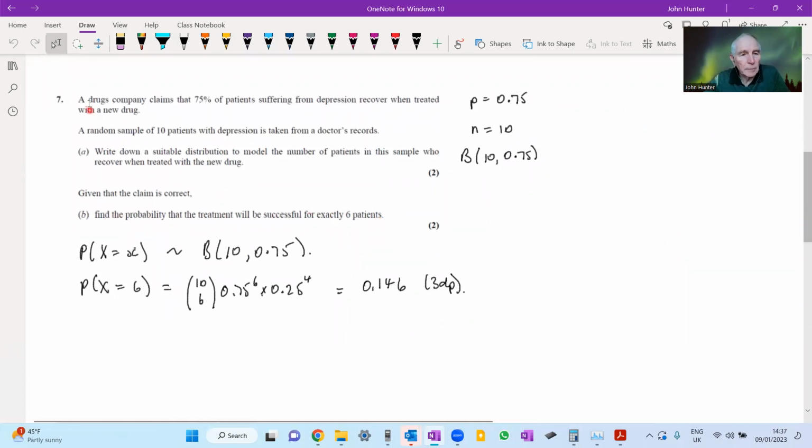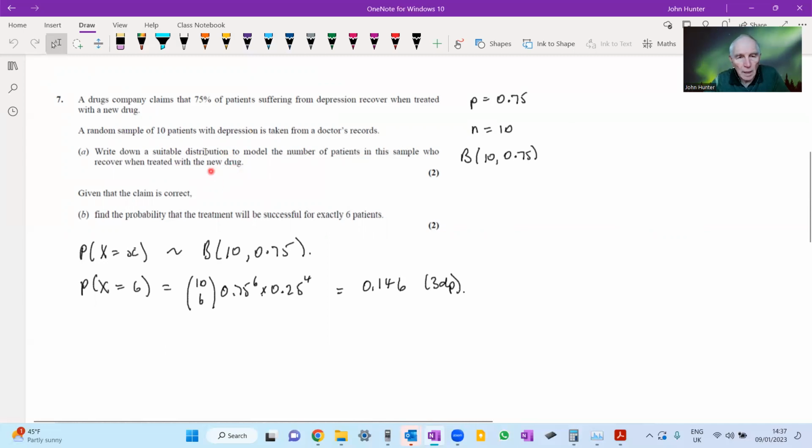Okay, here we go. A drugs company claims that 75% of patients suffering from depression recover when treated with a new drug. Excellent. A random sample of 10 patients with depression is taken from the doctor's records. Write down a suitable distribution to model the number of patients in this sample who recover when treated with the new drug.